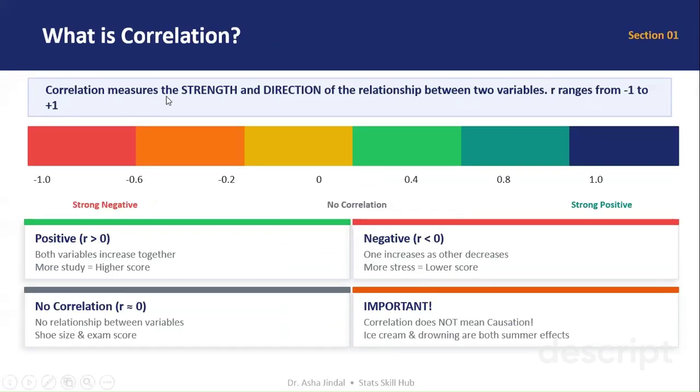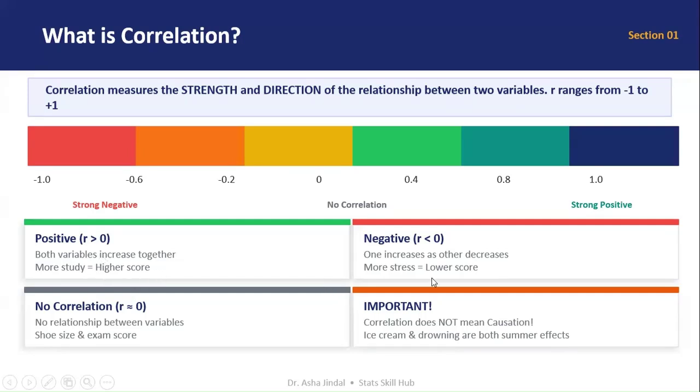Correlation examines the strength and direction of the relationship between two variables. The correlation coefficient is represented by small r and its value ranges from -1 to +1. If r is positive, both variables increase together. For example, more study hours generally lead to higher scores.